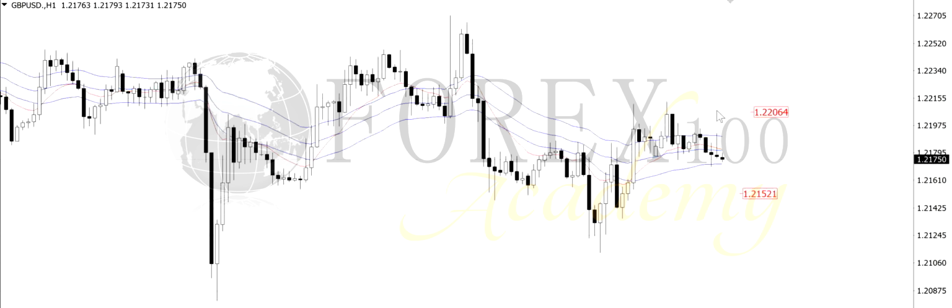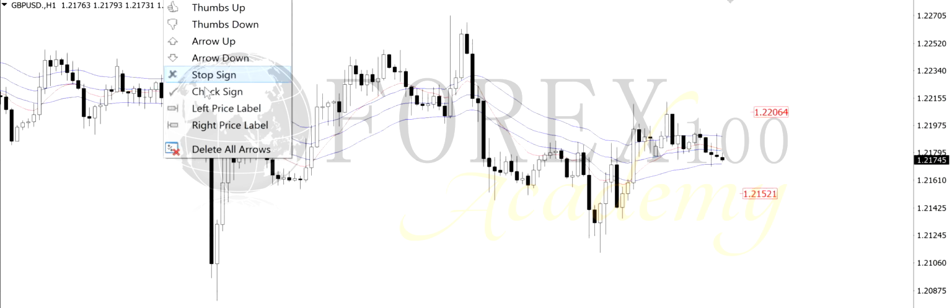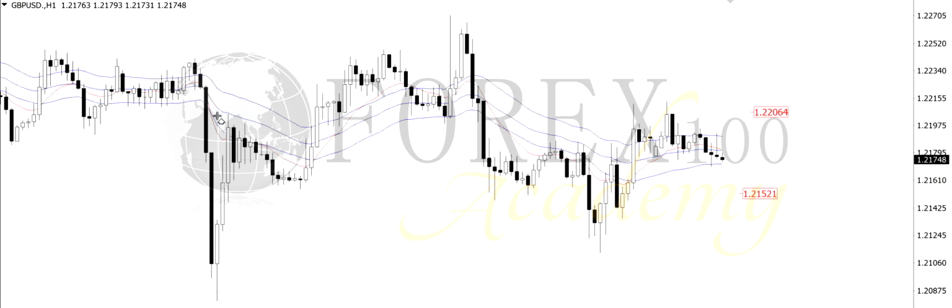This is my target one, 1.2206, and my target two will be at this price over here, 1.2260. That's for pound dollar.